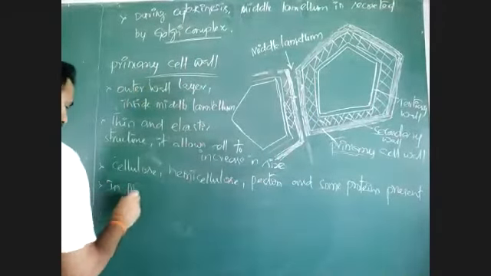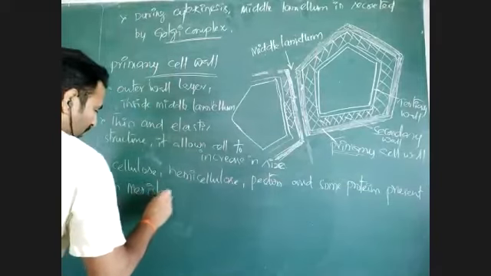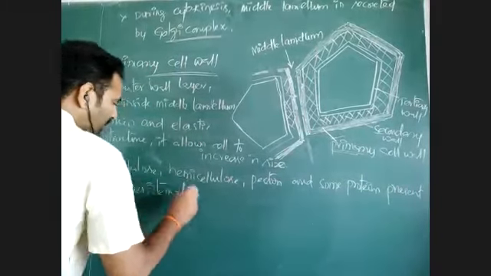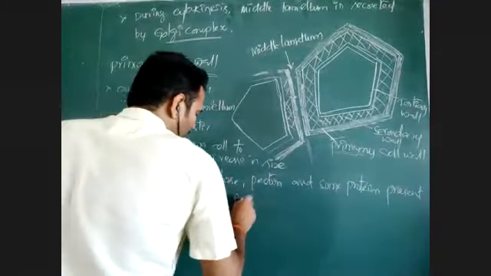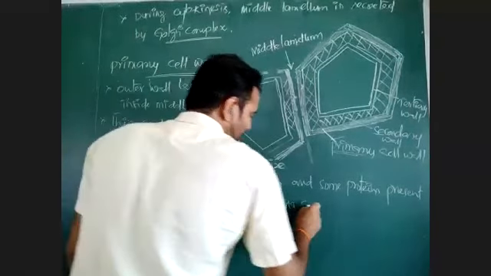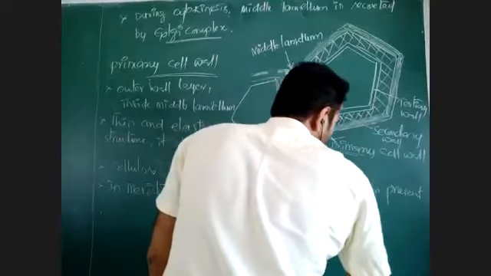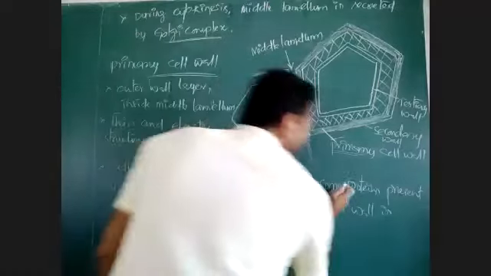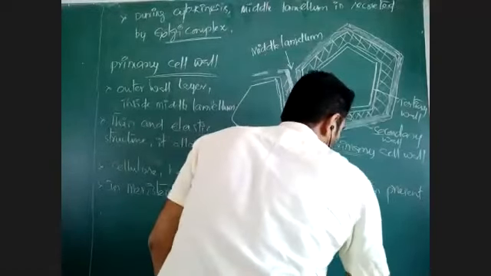In meristematic and parenchyma cells, which cell wall is it? Primary cell wall.